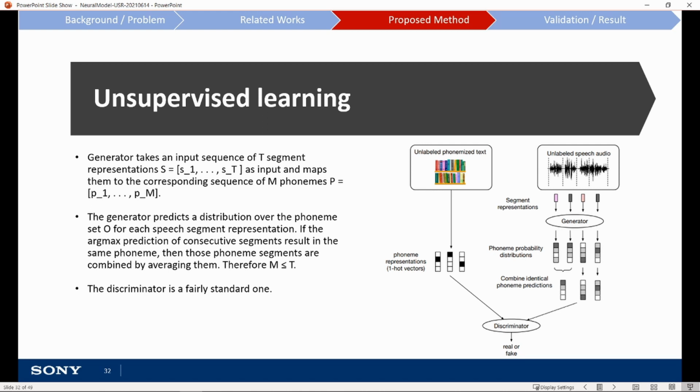Therefore M may be different from T. In fact, M will be less than or equal to T. The discriminator is a fairly standard one. The generator output is used as the fake data, and for real data we use the phonemized text.